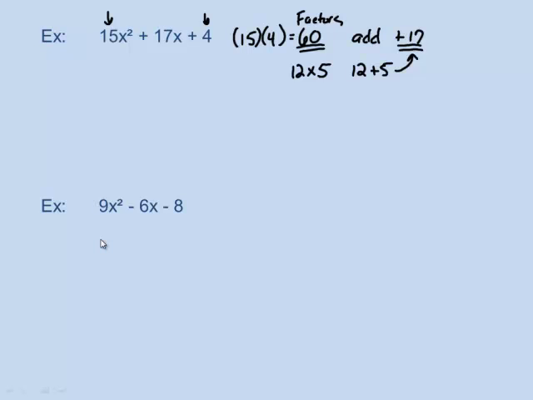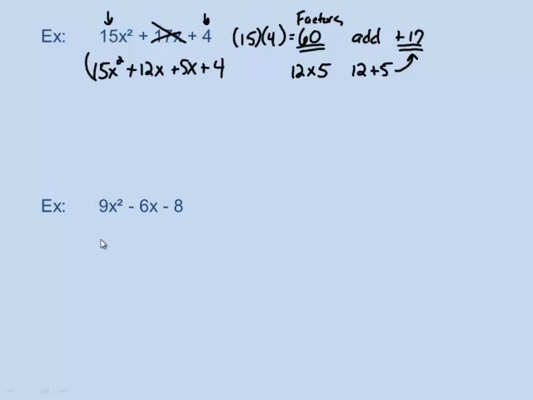So come back to the original trinomial, and we're going to rewrite that middle term as plus 12x plus 5x. You have to add the x in there because there's an x attached to that middle term. The first term does not change. The last term in the original trinomial does not change.